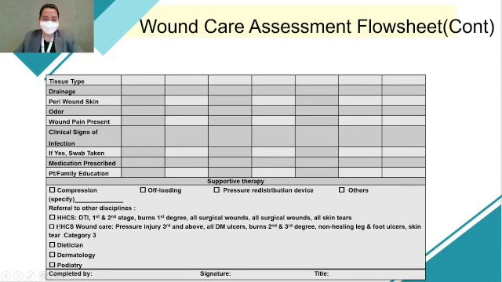For Hamad Home Care Services wound care, those patients who have pressure injury third degree and above, all DM ulcers, burn second and third degree, non-healing leg and foot ulcers, skin tear category 3. You may refer them also to dietitian, dermatology, and podiatry. And don't forget to write your name in completed by, signature, and title.